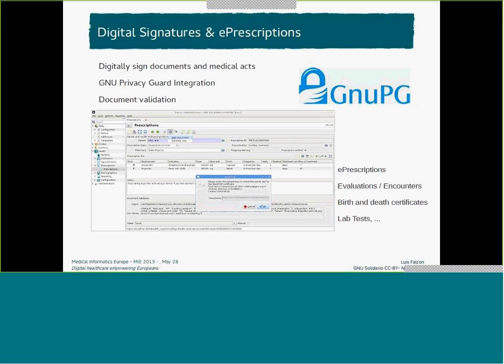You can enable cryptography on any model that you might want. For example, you can put this today on evaluation, encounters. Here we have the prescriptions, birth certificates, death certificate, lab test, and so on.